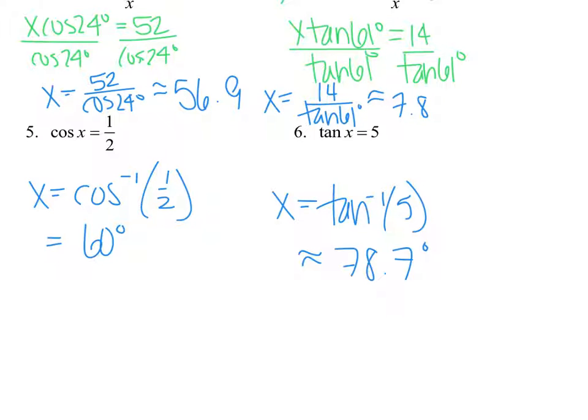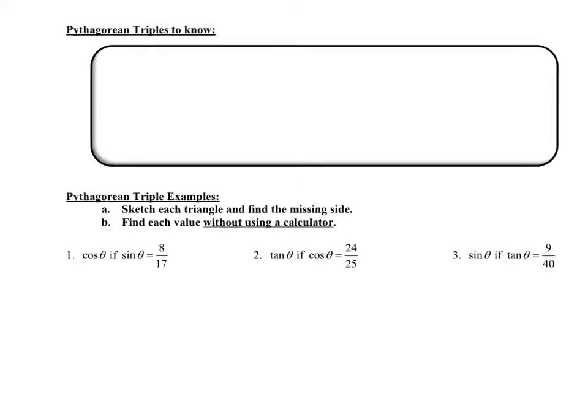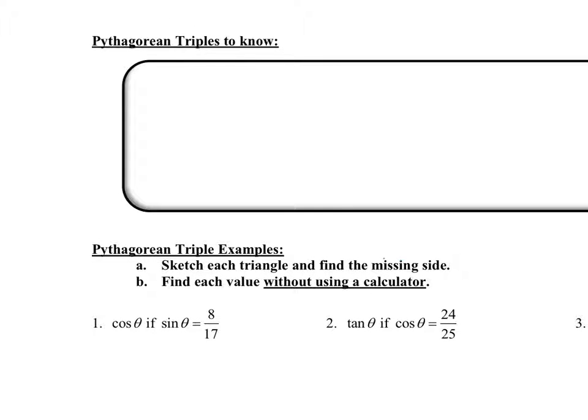All right, let's go to the next slide. This is just going to be working with Pythagorean triples without using a calculator. Remember that Pythagorean triples are numbers that make a squared plus b squared equals c squared, all integers, meaning no decimals.